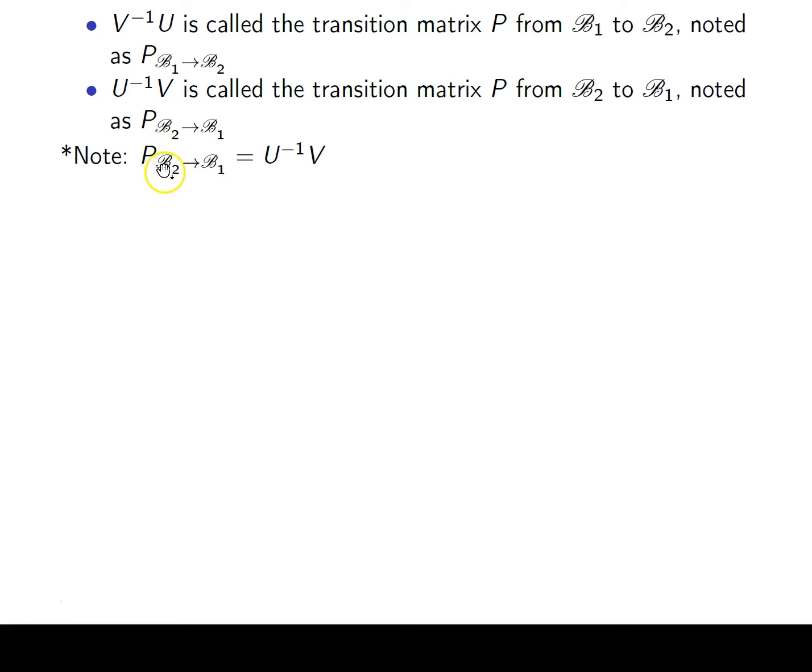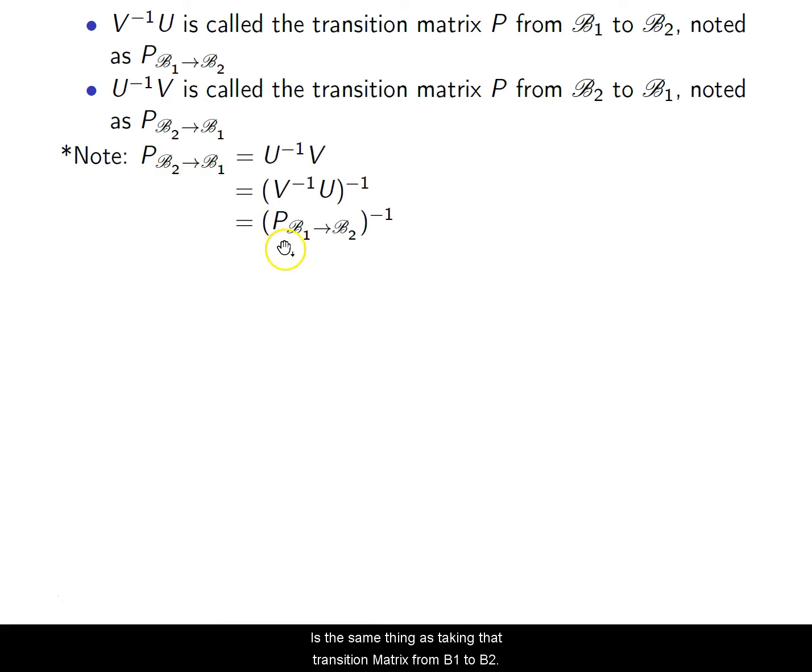Notice that B2 going to B1 is U inverse V, which is stated here. That's the same thing as taking the original matrix and inverting it. Going from basis 2 into basis 1 is the same as taking the transition matrix from B1 to B2 and inverting it. They're inverses of each other.